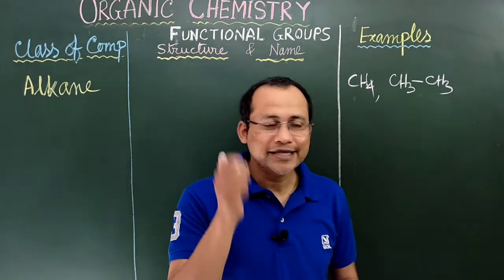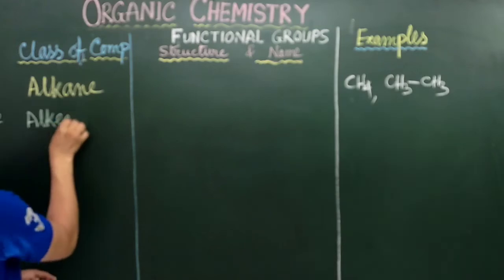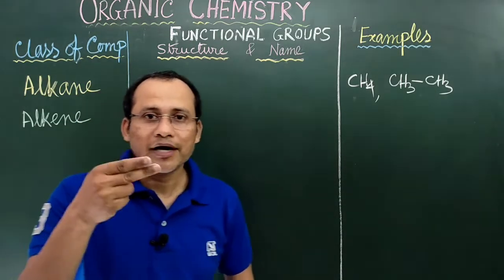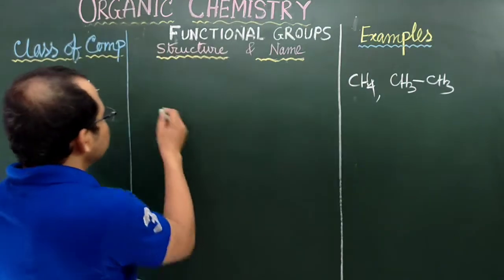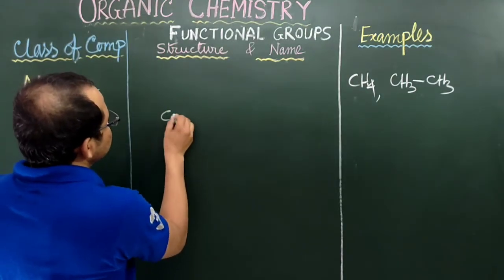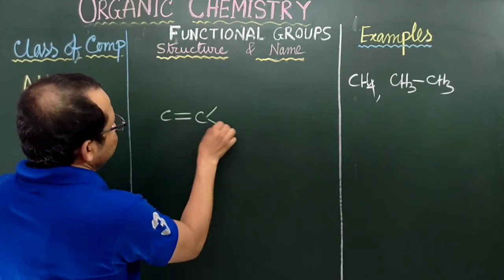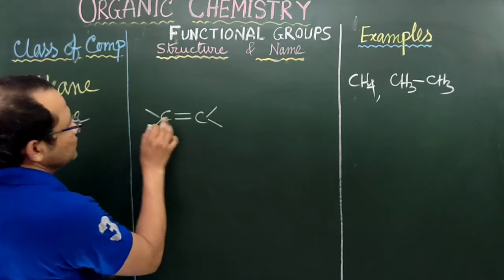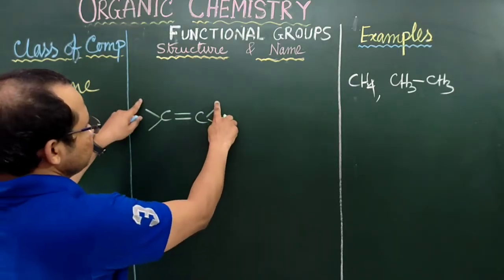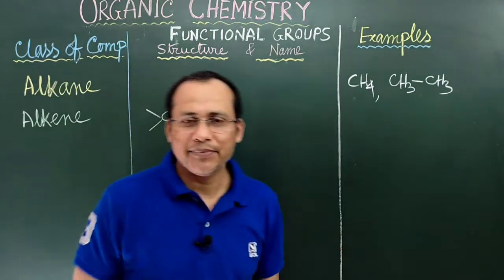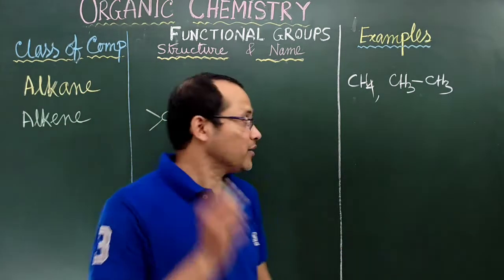Now come to the second one, alkene. By alkene we mean a carbon carbon double bond. So the functional group will be written in this way: carbon carbon double bond, and these two and these two positions remain open, so that something else may be linked with these carbon atoms.